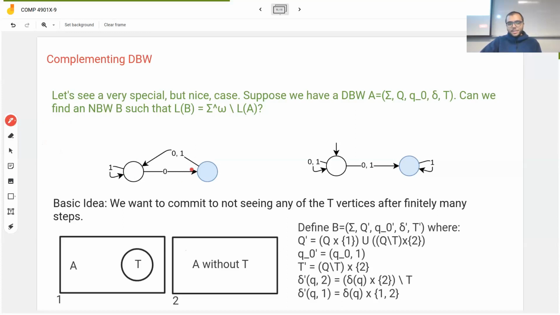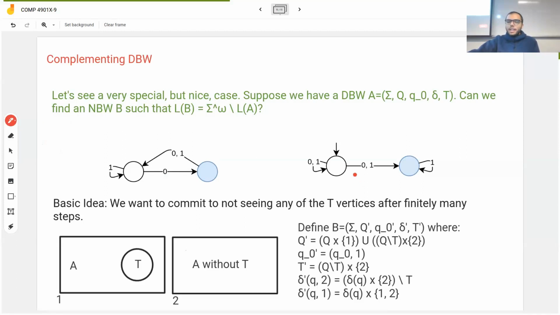What's the language of this automaton? We solved this before. Yes. So it's the set of strings that have infinitely many zeros. And this one is the set of strings that have finitely many zeros.